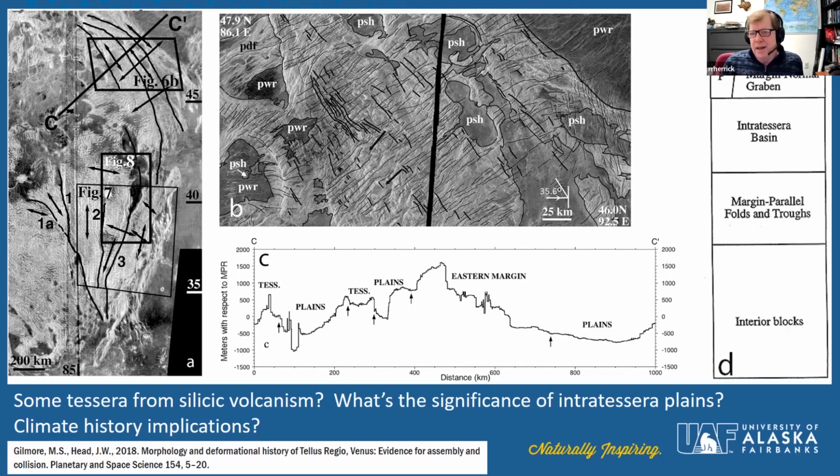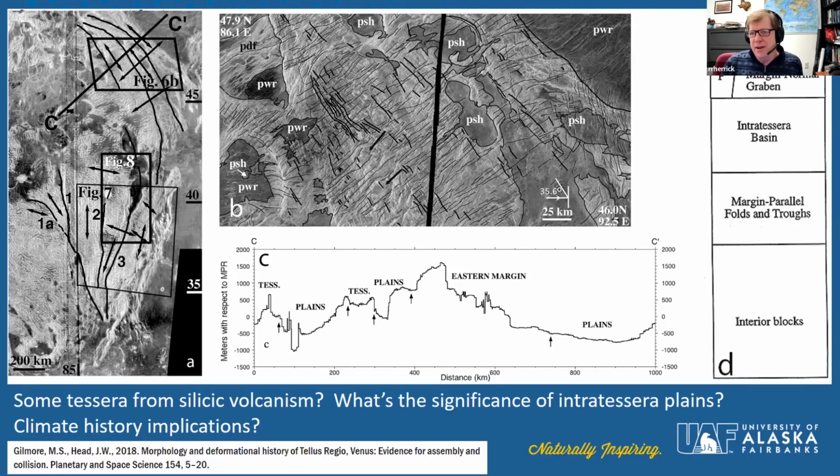Of course, if large chunks of the tessera are produced or were produced by some sort of silicic volcanism, that has huge implications for the history of the interior and the atmosphere and the overall climate of Venus in the past.